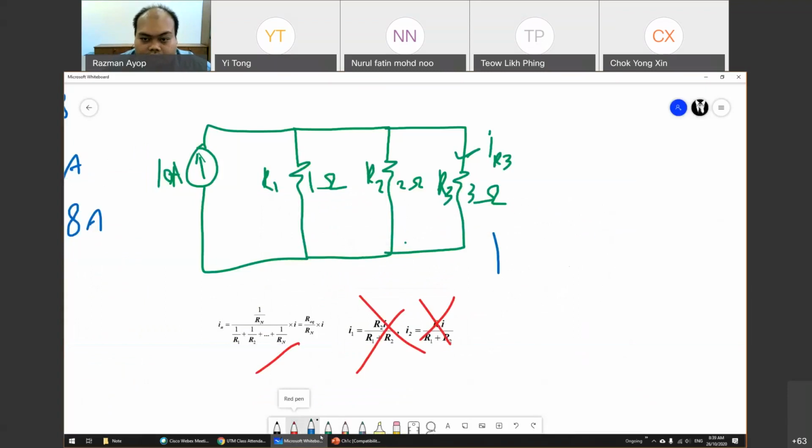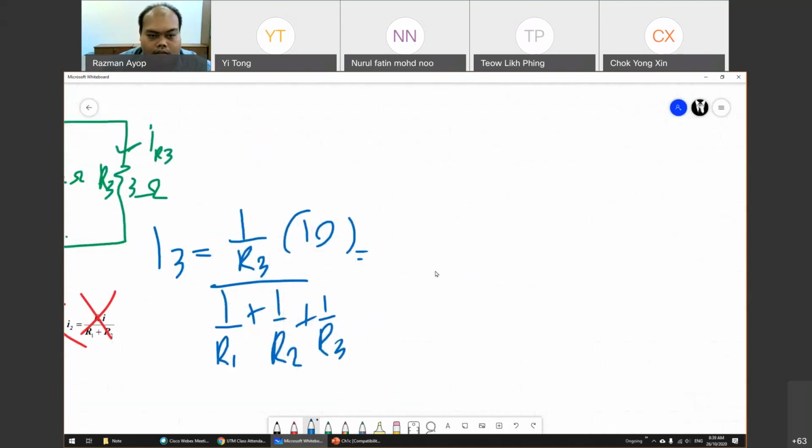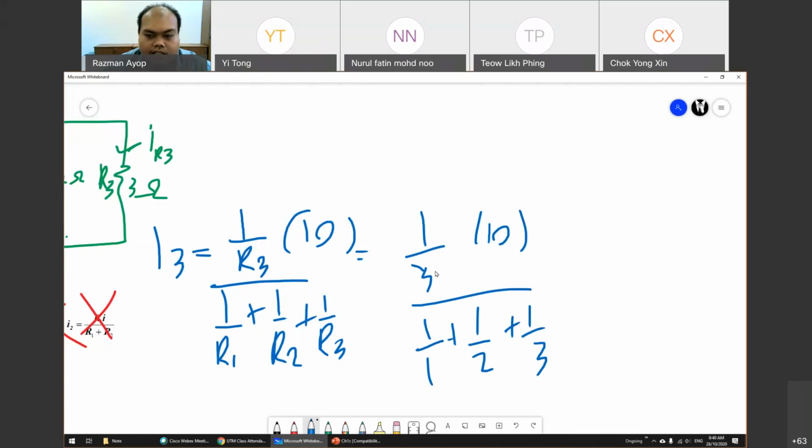Because we want to find I3, so 1 over Rn. So 1 over R3 divided by 1 over R1 plus 1 over R2 plus 1 over R3. Then don't forget the total current, which is 10 ampere. So R3 is 1 over 3, times 10, divided by 1 over 1 plus 1 over 2 plus 1 over 3.